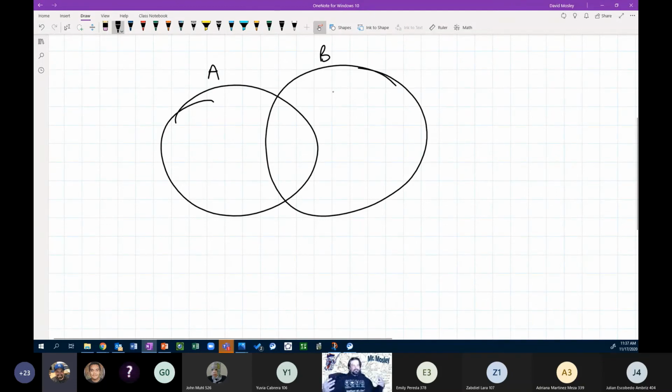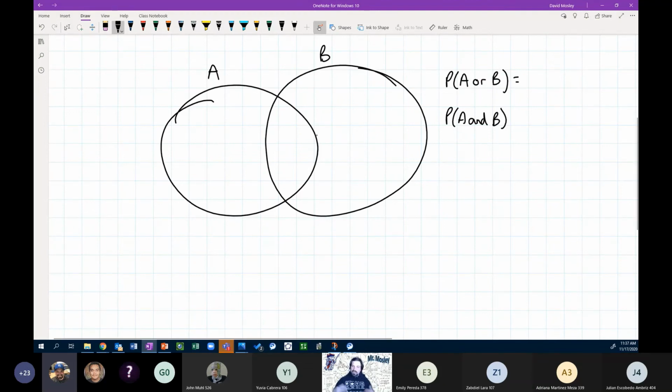Now, between these things, we have different things that could happen. We're looking at the probability of A or B versus the probability of A and B. P of A or B is anything within A or B happening satisfies this probability.